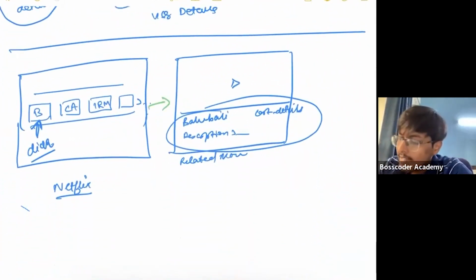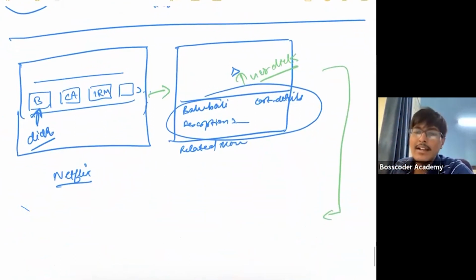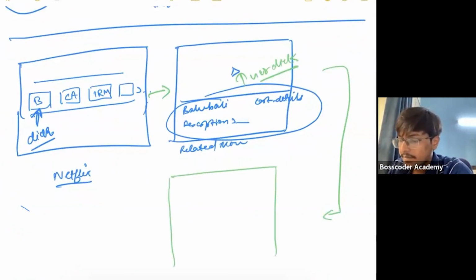Okay. Now let's say I press here, user clicks here. Now what will happen? Tell me. If I have watched Bahubali earlier, will it start from the same point where I left, or will it start from zero again? It will start from where I have left, right?